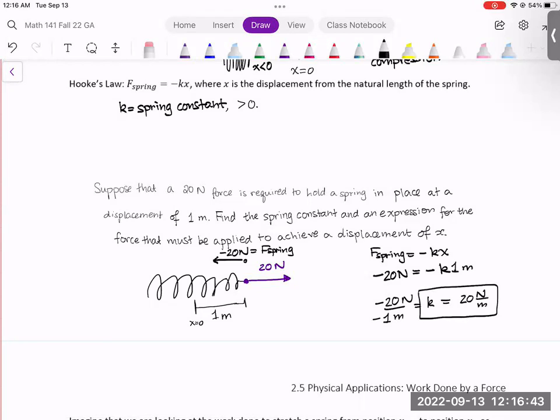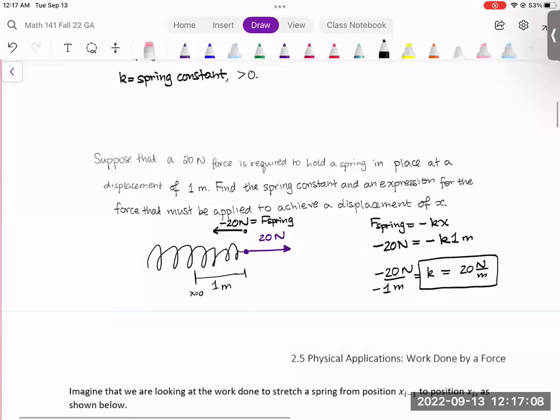Okay, and now that we know our spring constant, we're able to write down the spring force. We know that if we want to hold our spring out at some fixed displacement, we have to exactly counter that spring force, so we'll just change the direction. Let's write down an expression for our spring force.